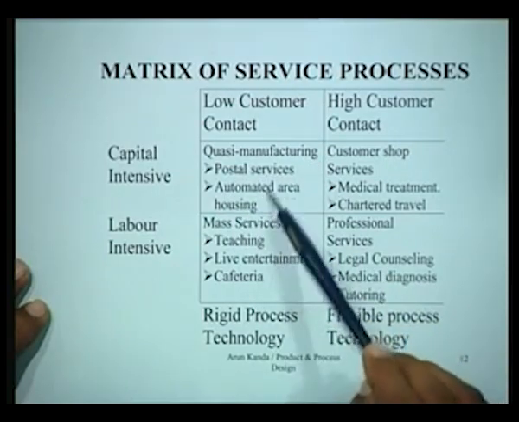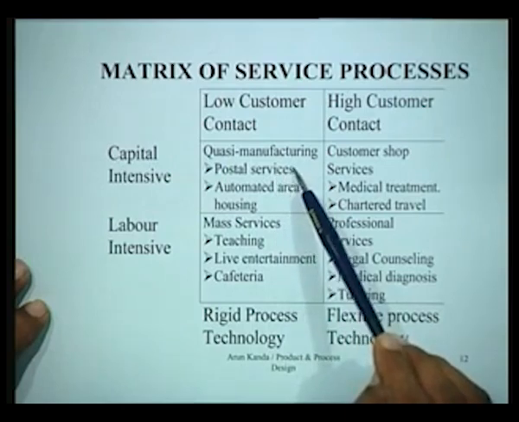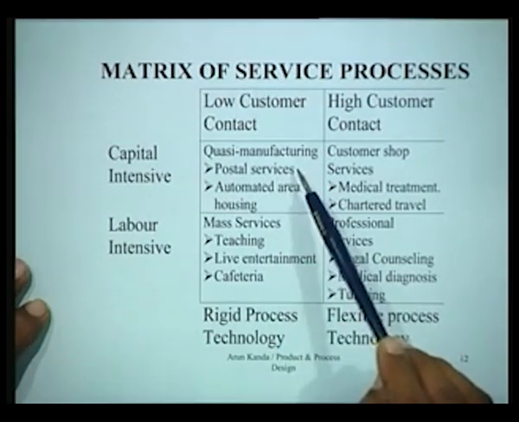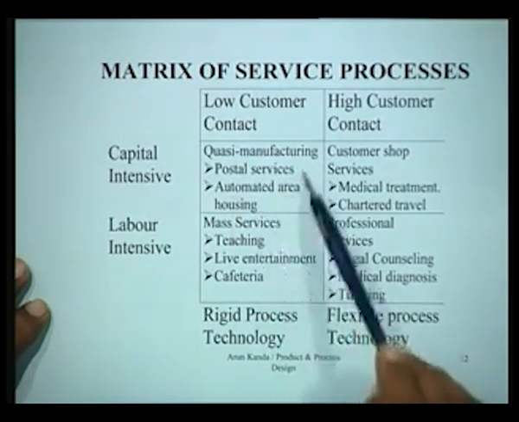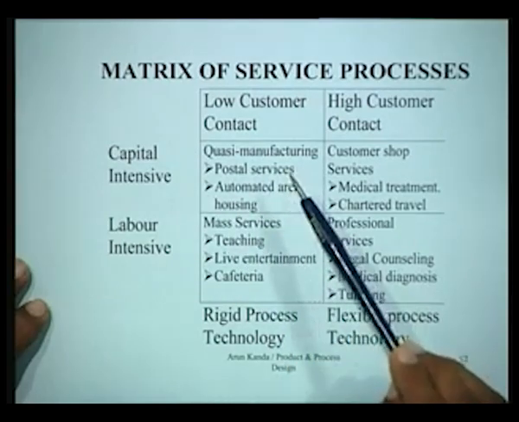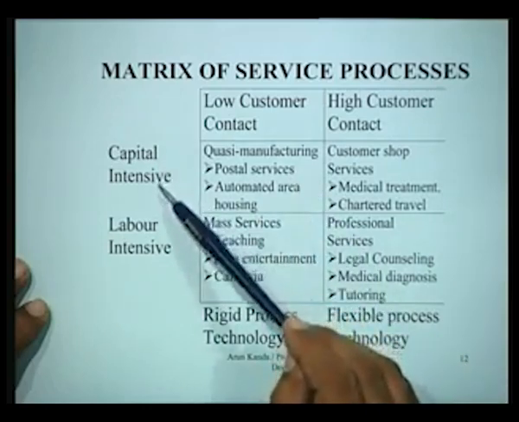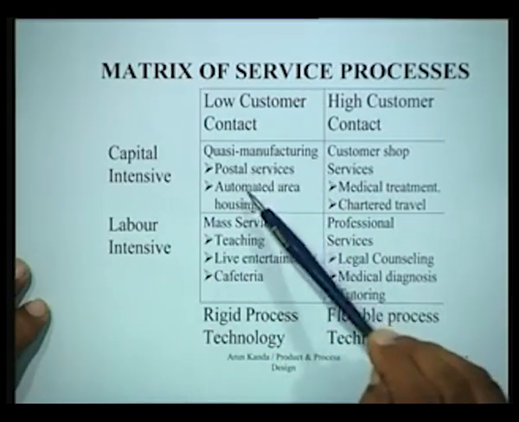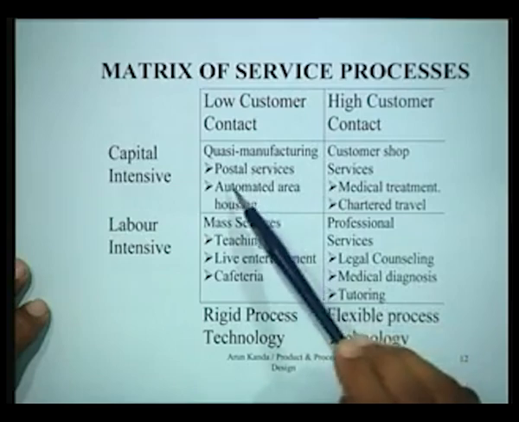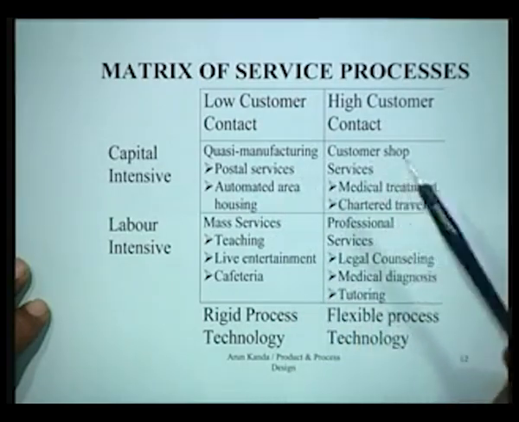These are typical examples where you could design services based on something like manufacturing. You can look at a postal service design or a banking service design, which will be essentially capital intensive with fewer customers, and you can design the process in terms of whatever objectives you are looking at.